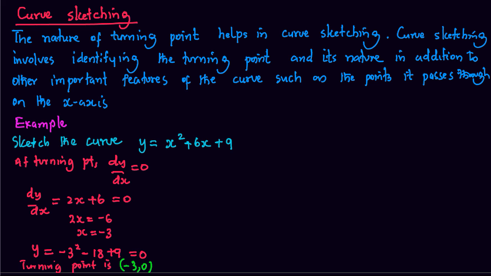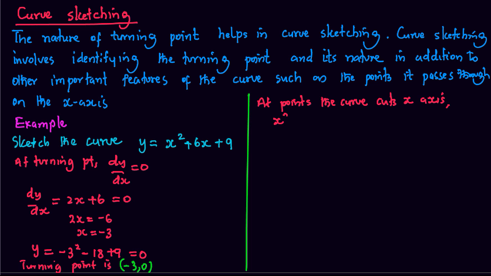And we know that at the point the curve cuts the x-axis, the equation x squared plus 6x plus 9 is equal to 0.